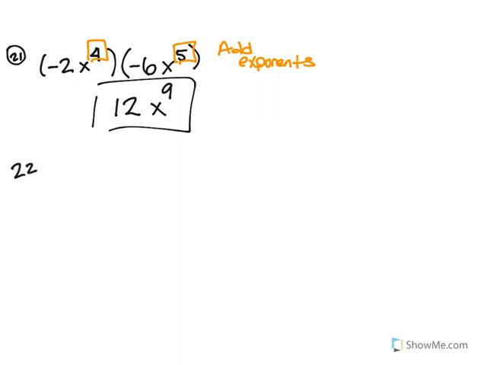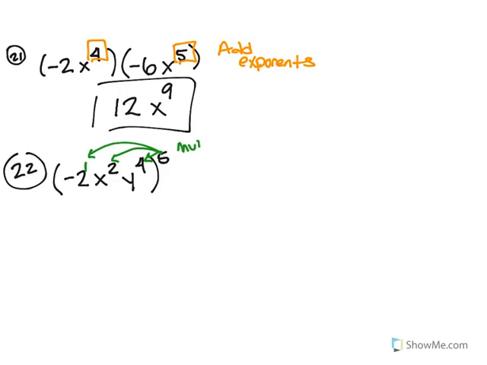If you are doing your power rule, such as the one on 22, negative 2x squared y to the 4th, and then I'm raising it to the 5th. This is power to power. The understood power that's on negative 2 is a 1. So make sure, it's kind of like doing distributive property.